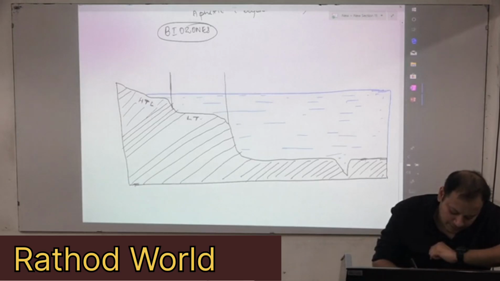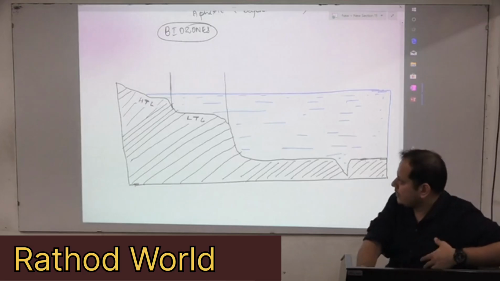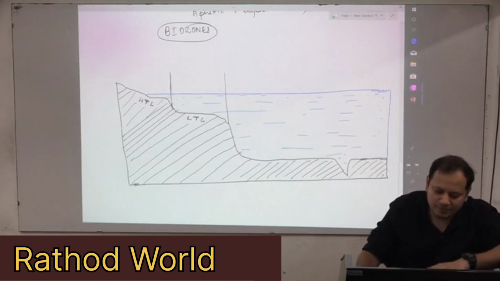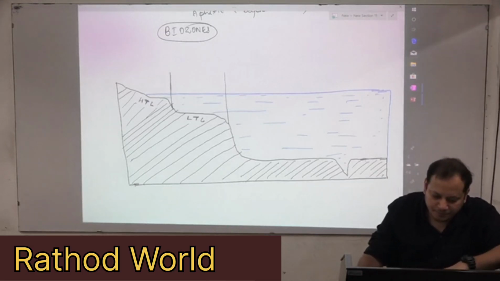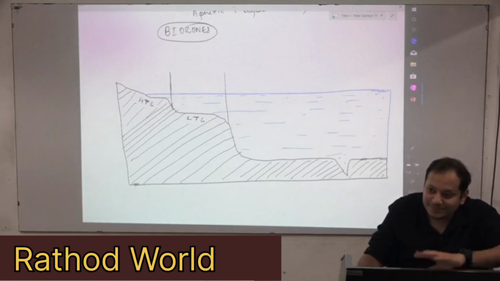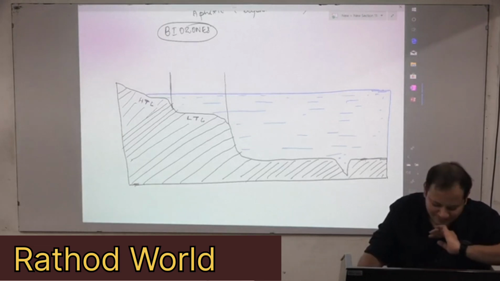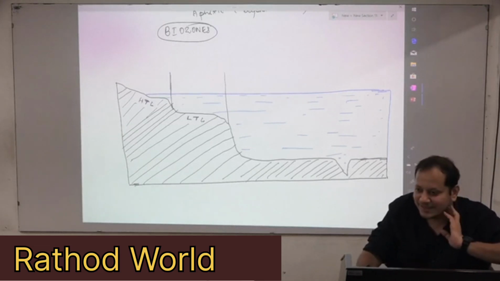What is LTL? What is HTL? High tide level, low tide level. Water level of high tide and water level of low tide. LDL नहीं है, LTL है.